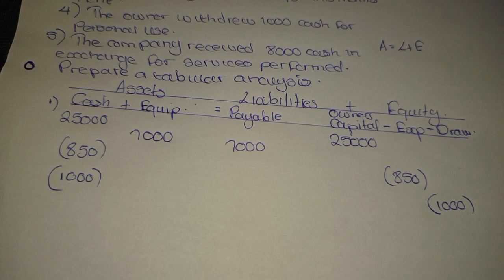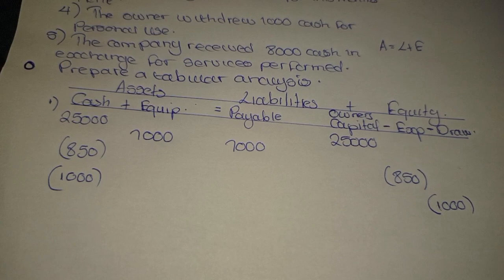Then we have the last transaction, which reads to say the company received 8,000 cash in exchange for services performed. So remember, when you receive cash for services performed, you have increased the revenue in the business and you have also increased the cash account.